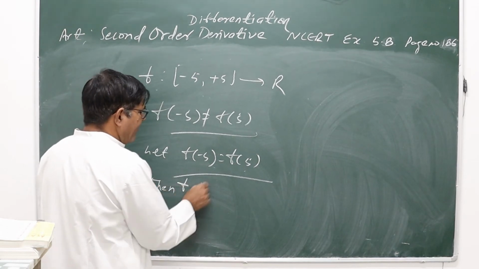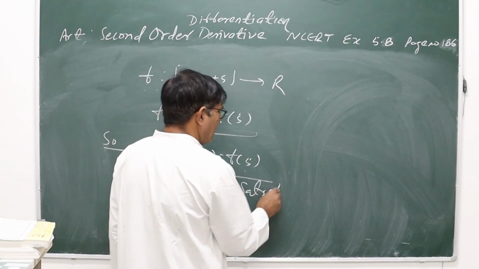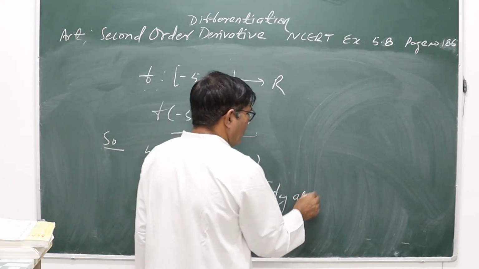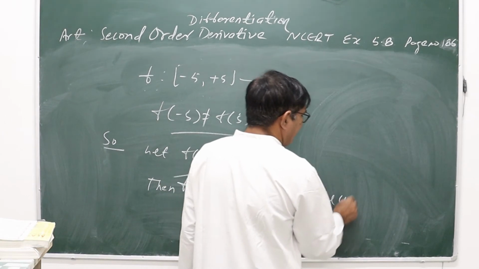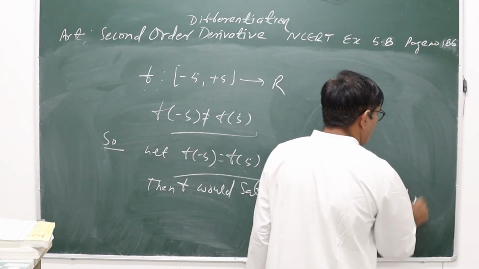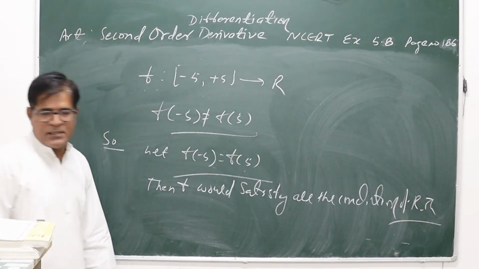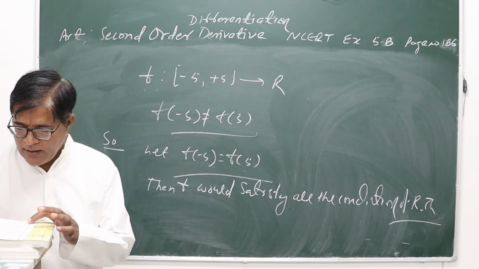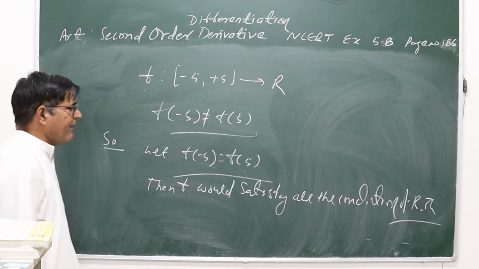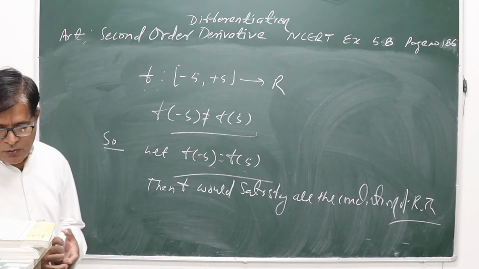Then f would satisfy all the conditions of Rolle's theorem. तब रोल्स की सारी जो कंडीशन है इस पर सेटिस्फाई होनी चाहिए, बिकॉज कोई भी डिफरेंशिएबल फंक्शन है तो वो हमेशा कंटिन्यूअस होता है.